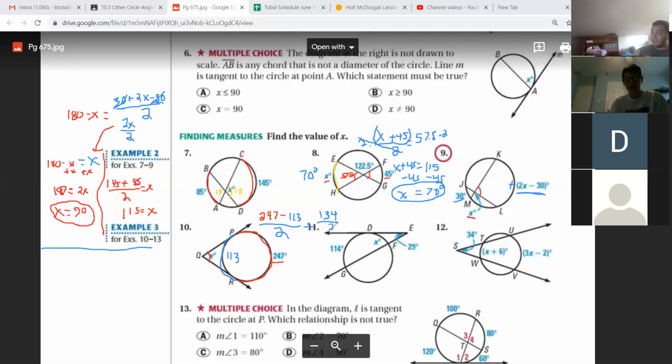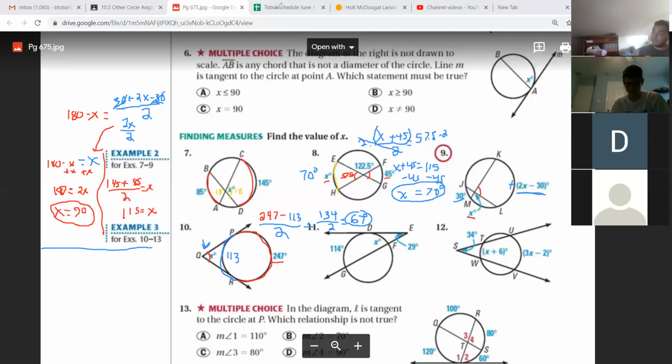Sure. 113, I got it from 360 minus 247. This red arc is 247, and the full circle is 360. So 134 divided by 2 should be 67. So the angle X over here is 67.